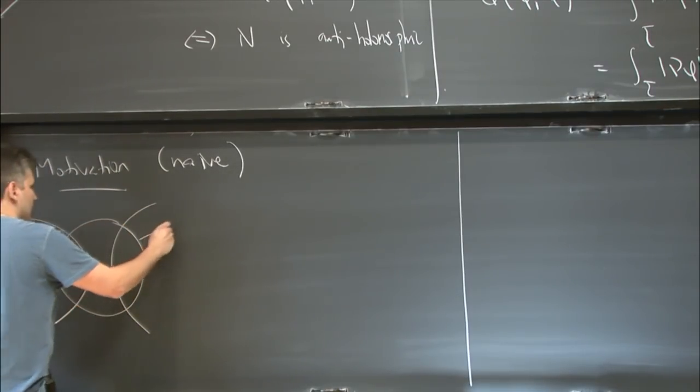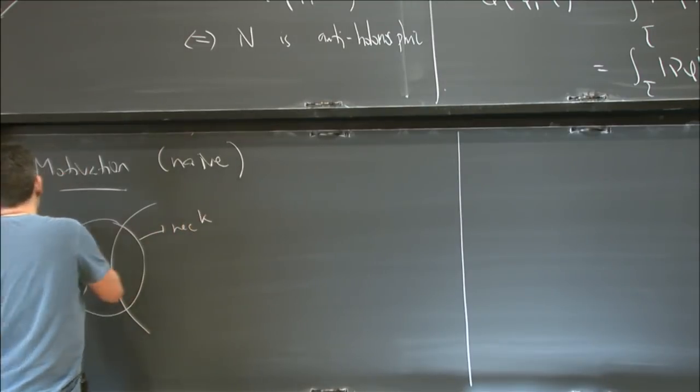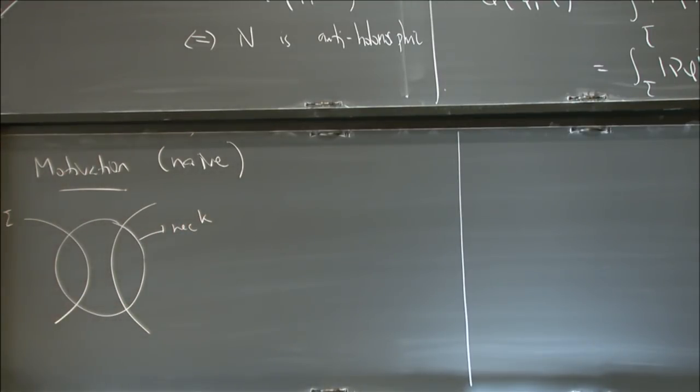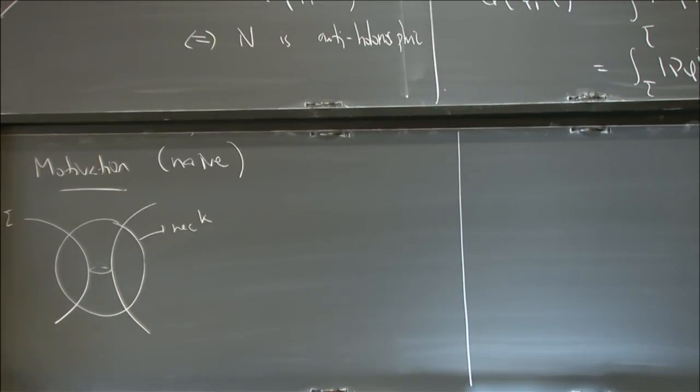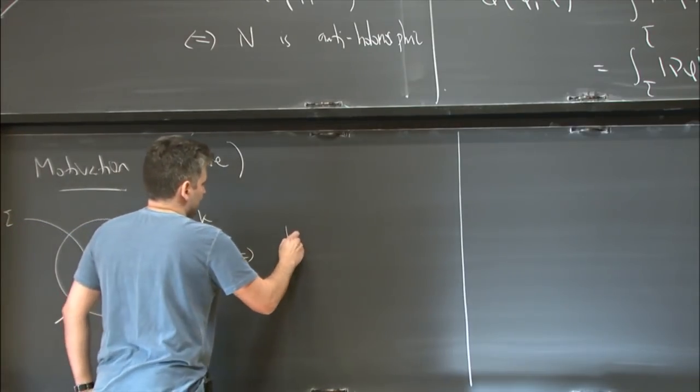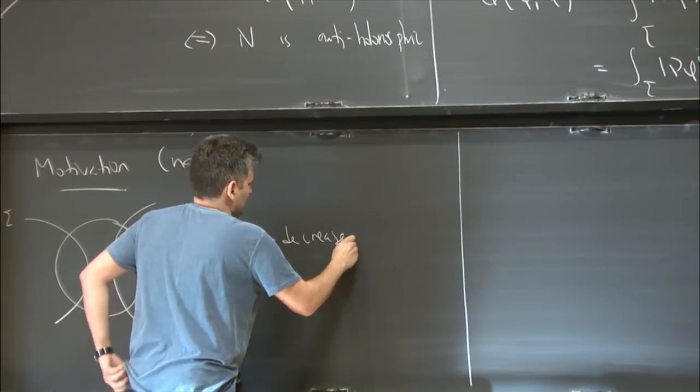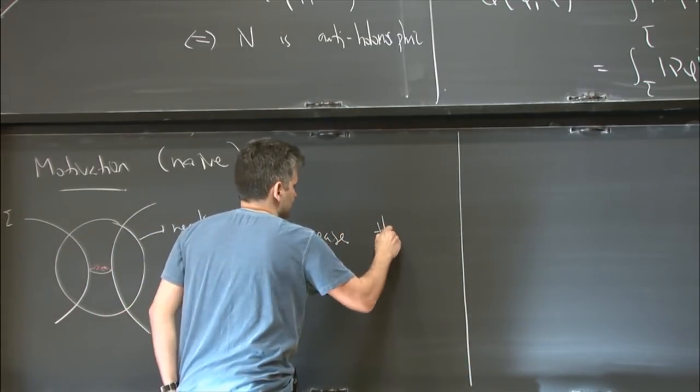Well, that neck is telling you a direction where you can decrease the area. So if we just squeeze the neck tight, we can decrease the area.